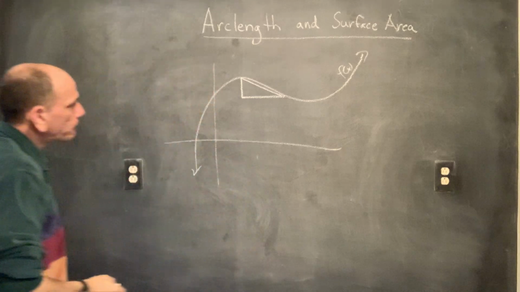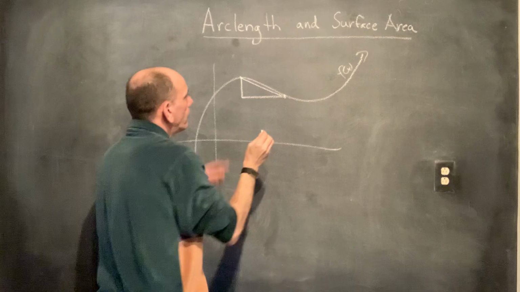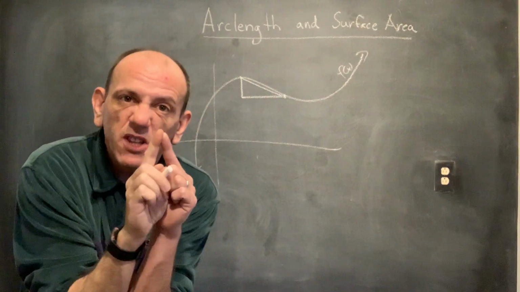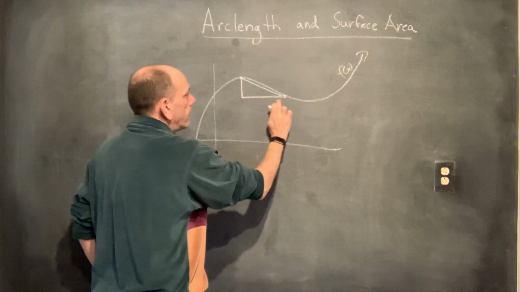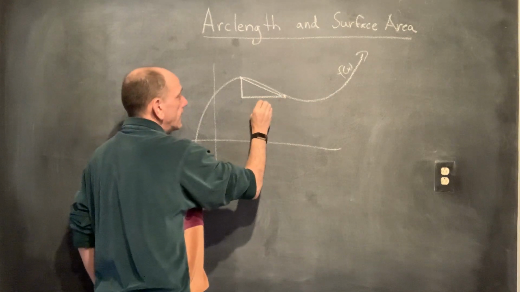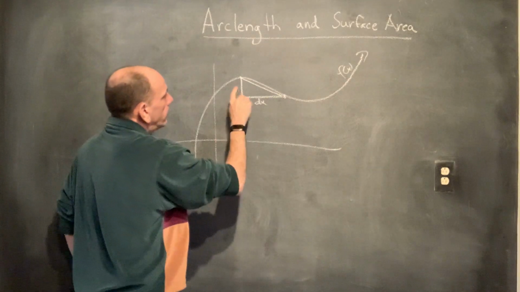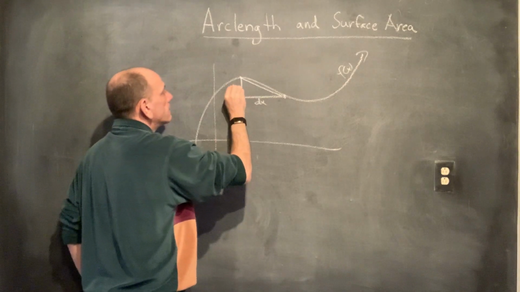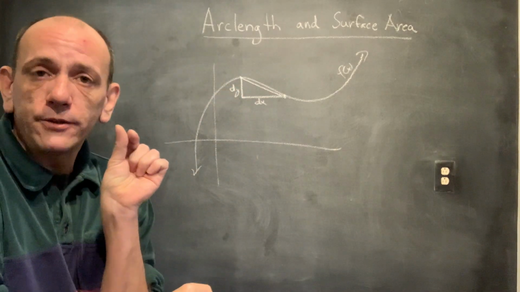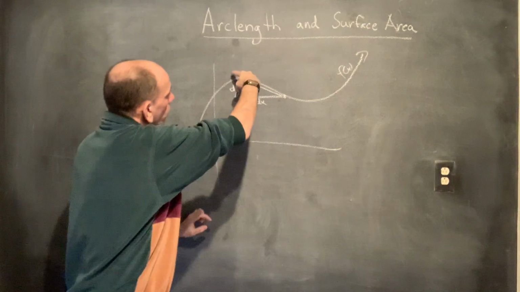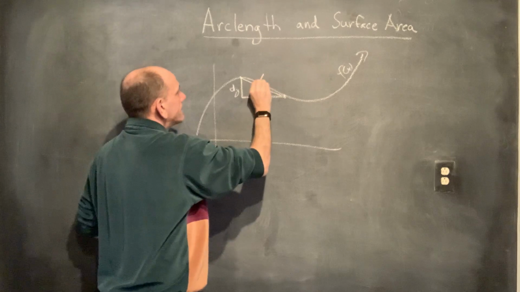So I'm looking at between these points, but we want to imagine that those points are touching. They're the same point, essentially. So this, left to right, is dx, that horizontal arrow. That's dy, the vertical arrow. So it's a super, super teeny tiny little triangle here. The length that's walking right along with the curve, that's ds.